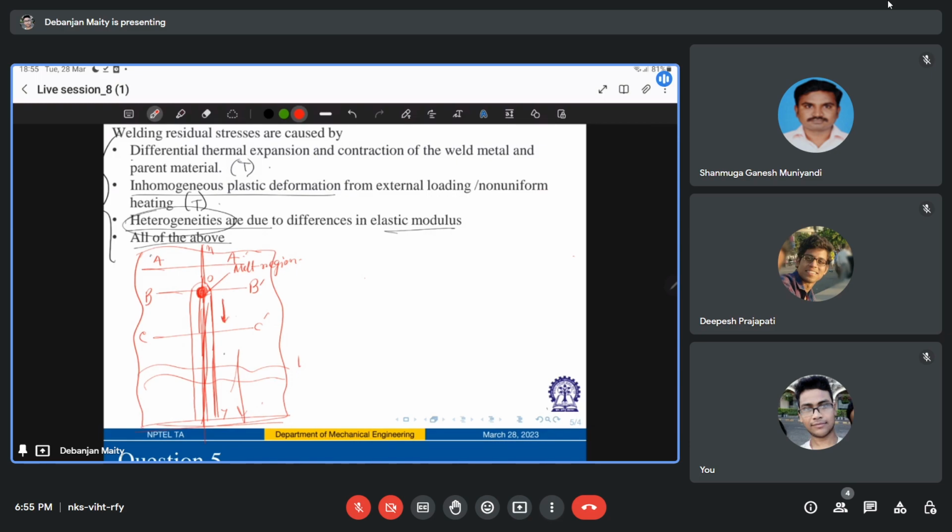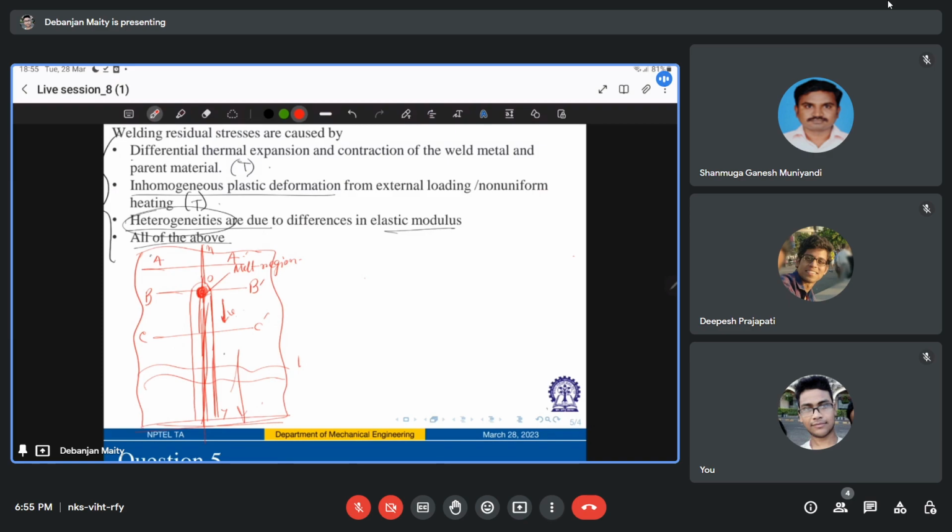The welding arc is moving at a constant speed, say v. For this specific figure, at the moment at point O, your welding is happening here and you have melted this region.